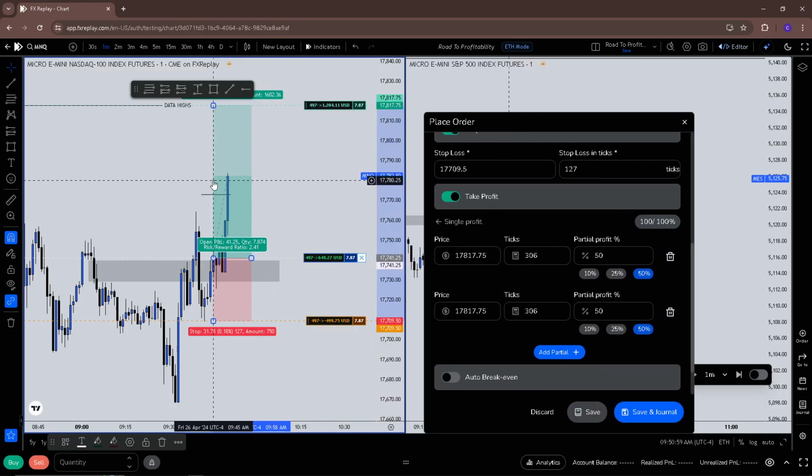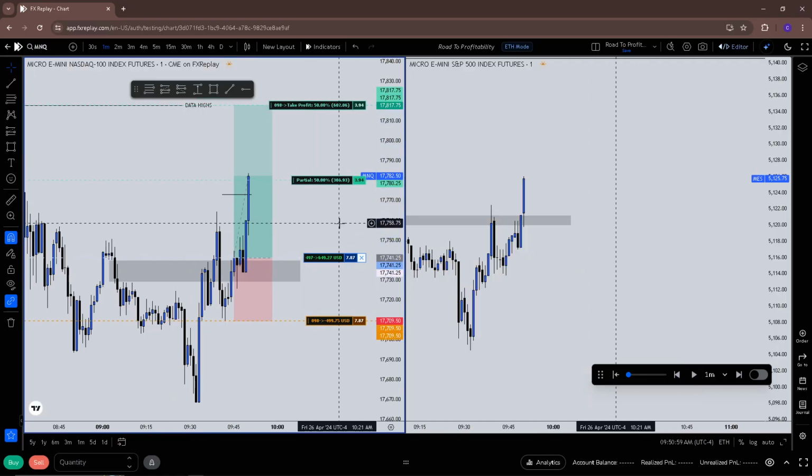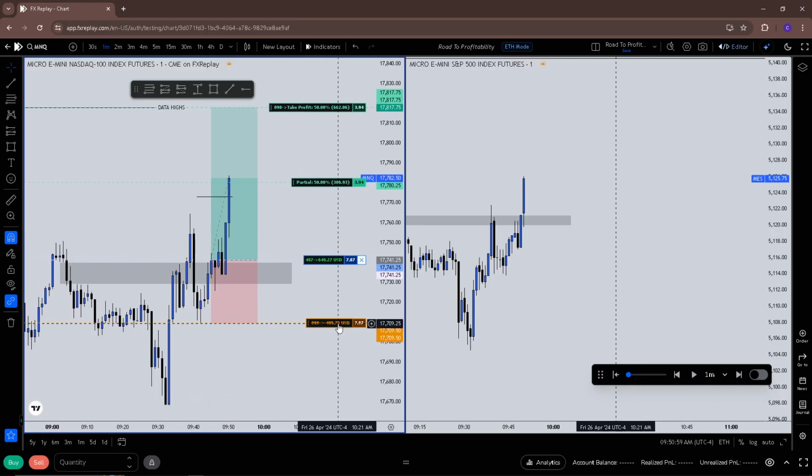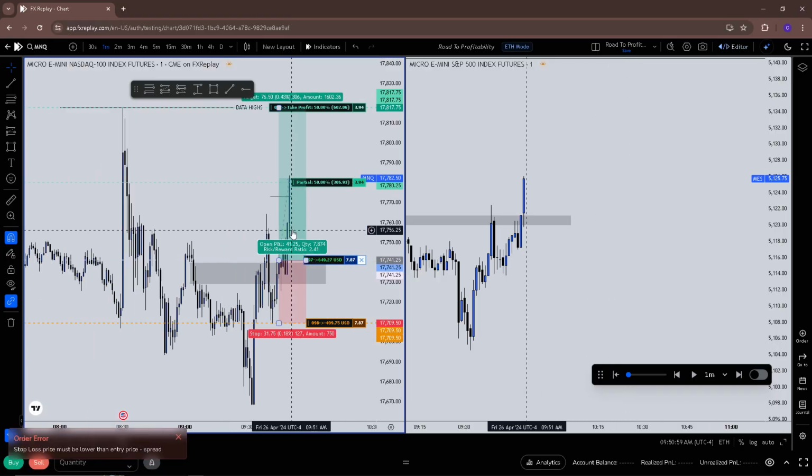Forgot to add in partials, so let's just go ahead. 17,780.25. As well as let's move our stops to break even.